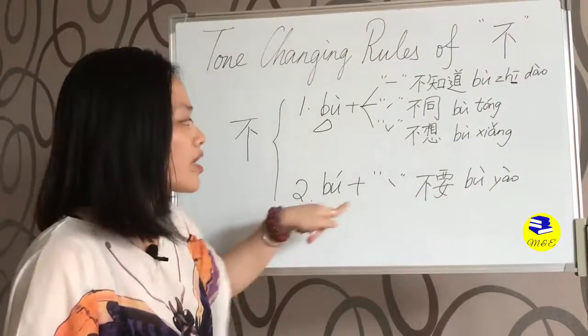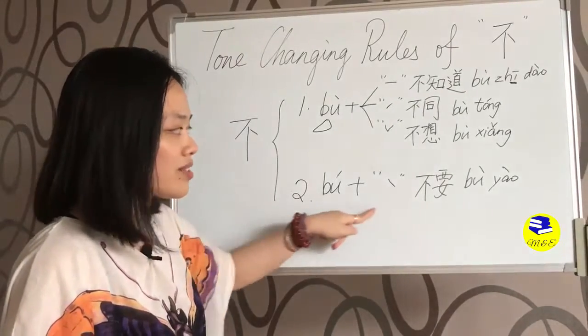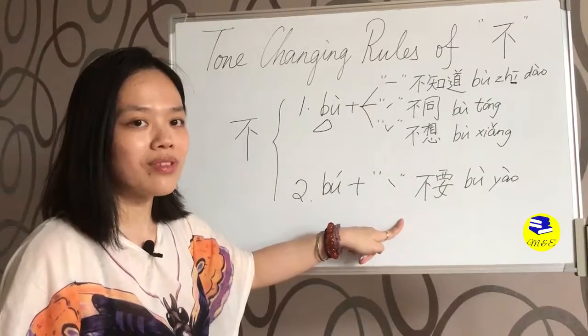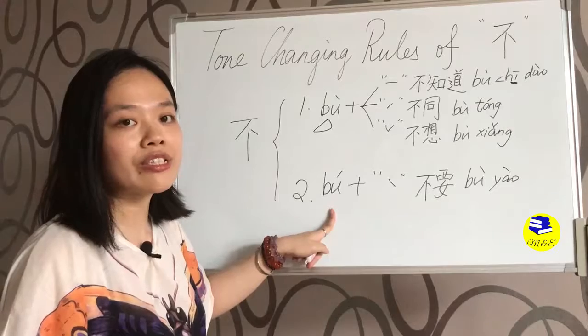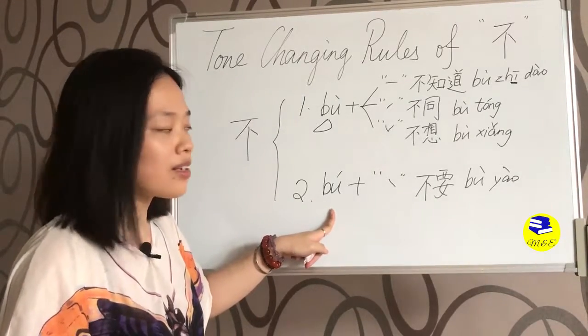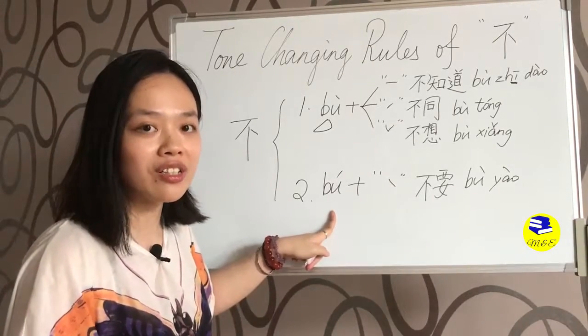So here, although it changed, it has tone changing rules. We have learned just now, right? When it follow with a fourth tone character, then it need to change the tone into second tone, from fourth tone into second tone. But this is only about what? Tone changing.